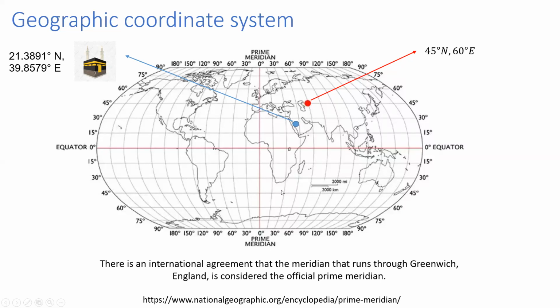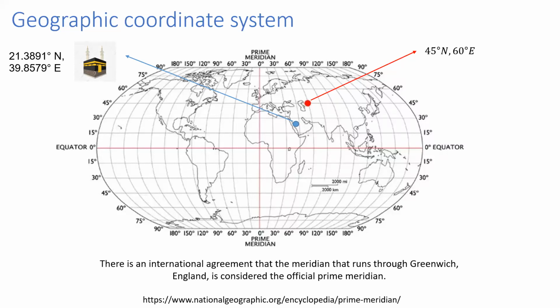So essentially the entire Earth is now given a coordinate system, and each and every point on the Earth can be specified by this. The 0 on the Earth is the prime meridian. There is an international agreement that the meridian that runs through Greenwich, England, is considered the official prime meridian.